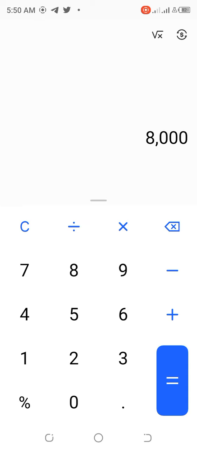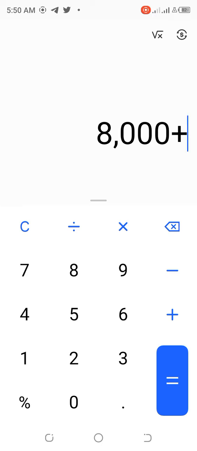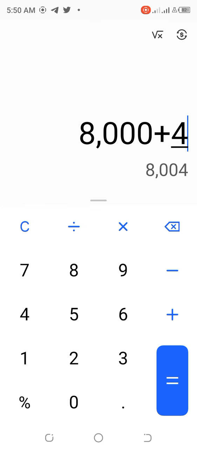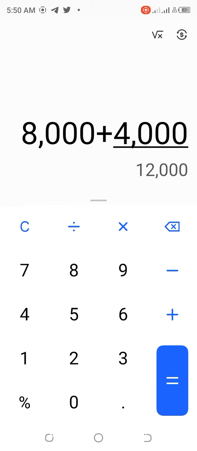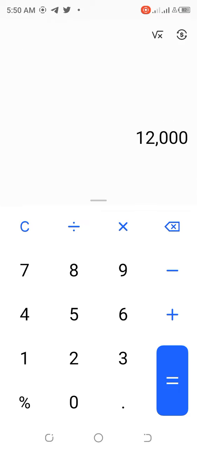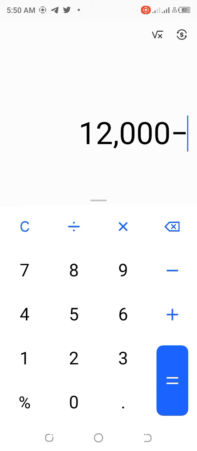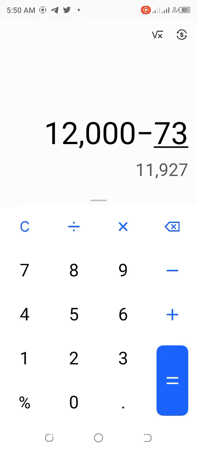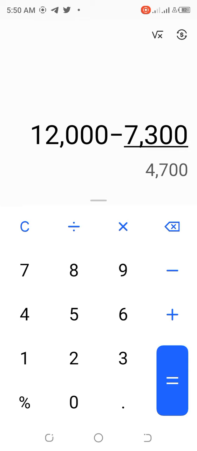Now, assuming we had our third win, so meaning 12,000 Ghana cedis in the new currency. So minus 7,300. So meaning you have made 4,700 profit out of this money.